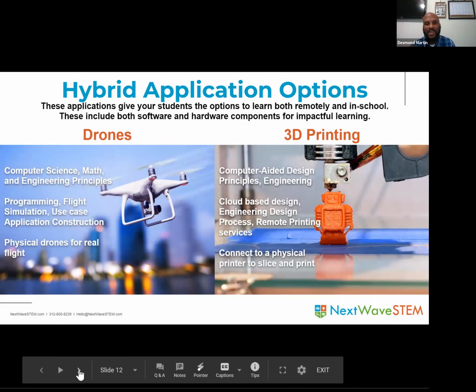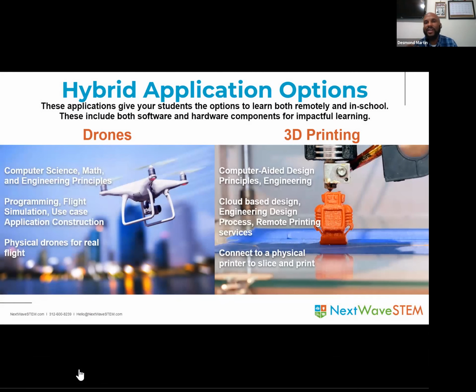At NextWave STEM, we love using emerging technologies to be able to do this. And when we think about these emerging technologies, we don't think about, okay, here's your drone, go fly it. We don't say, okay, here's your 3D printer, go print something. We can engage our students because we understand that it's a process that's not complicated, but is actually fractioned into discrete steps.